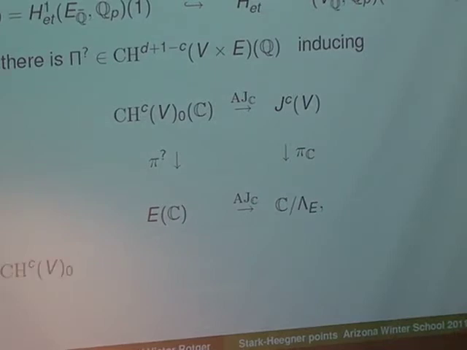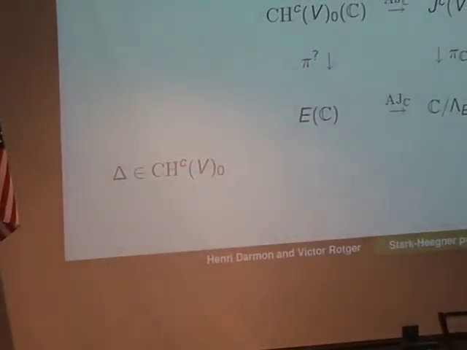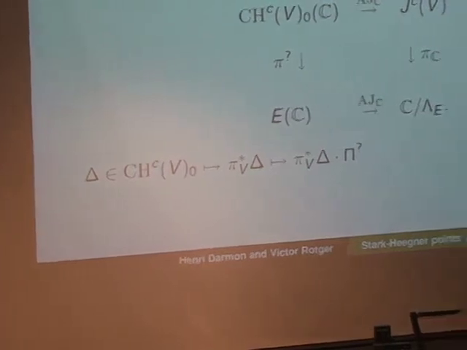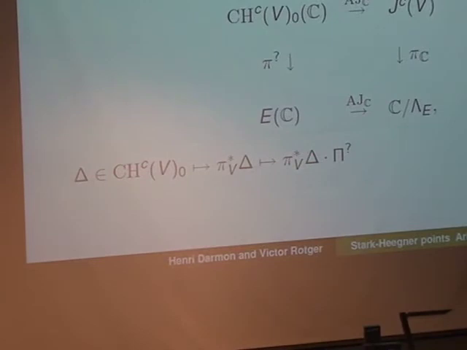So start with a cycle delta of codimension C, null-homologous. Pull it back to the product, to B cross E. Now this is a cycle on B cross E. Then you can intersect it with pi. The only thing I want to make clear is that pi and this pullback live on the same variety.